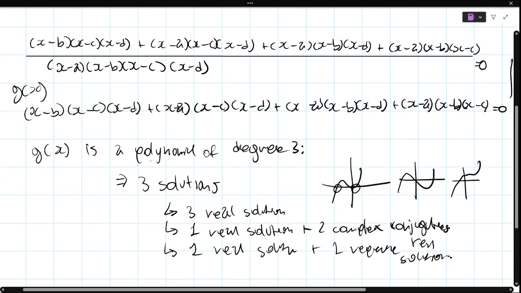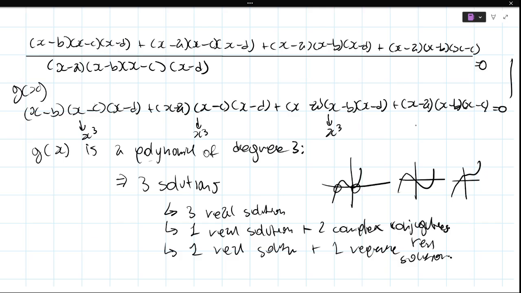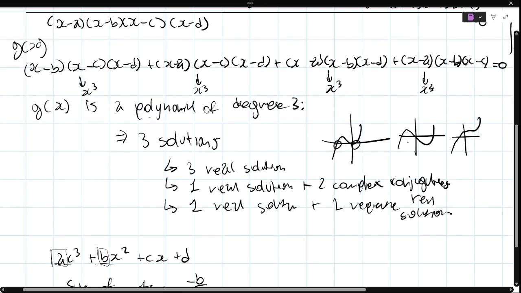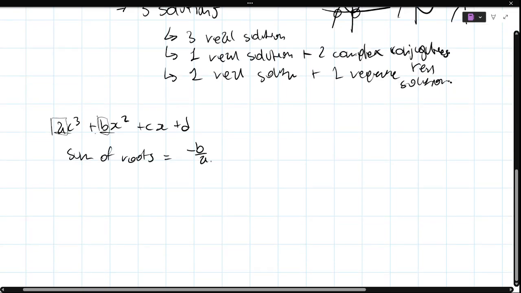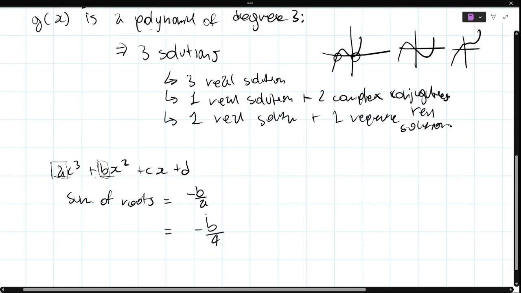The coefficient of x cubed in this case is going to be 4 because I'm going to get 1x cubed here, 1x cubed here, 1x cubed here, and 1x cubed here. So I know that my A in this case is 4. So now I'm left to work out what b is.